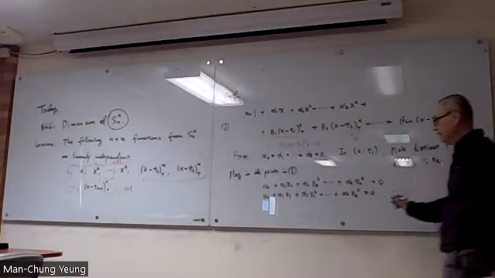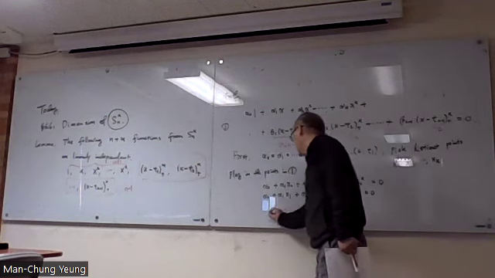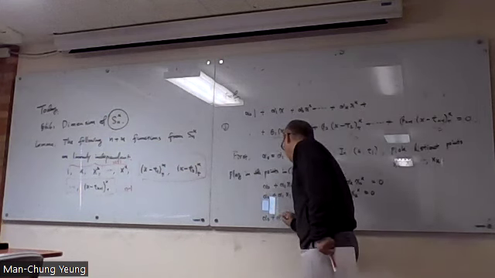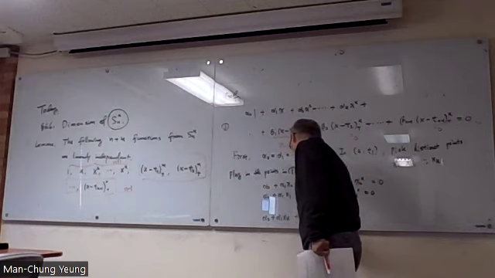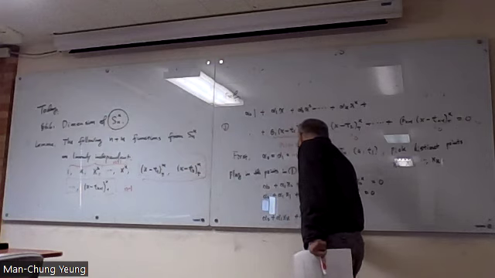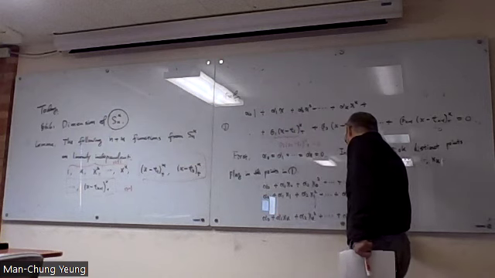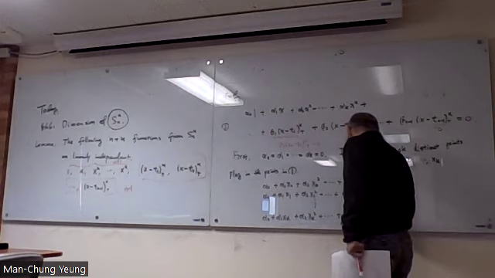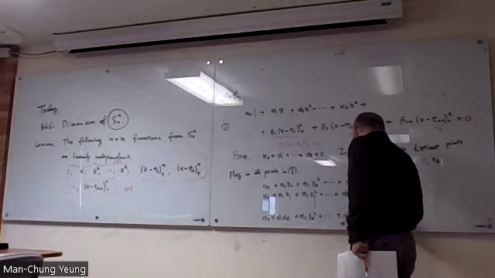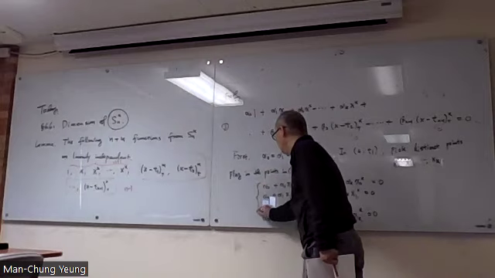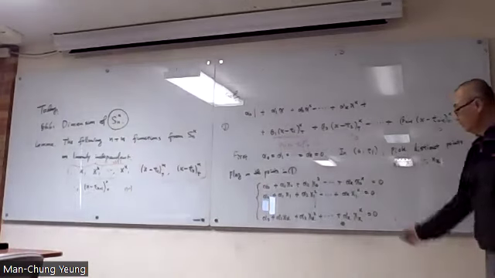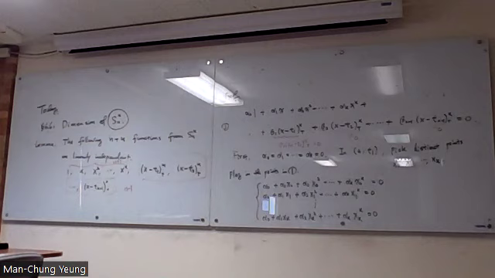Plug in xk, then we get alpha 0, alpha 1 xk plus alpha 2 xk squared, up to alpha k xk^k. But this linear system has only one solution: 0, 0, 0, 0. Why?